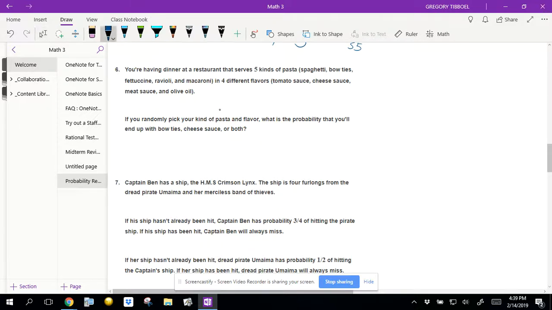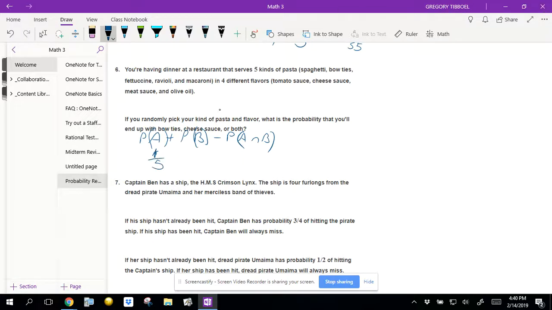And we know our or statement should be probability of A plus probability of B minus probability of A and B. And we know we actually have an A and B in this case because you can have cheese on bow tie pasta and it's delicious. So what we got is probability of A is 1/5.